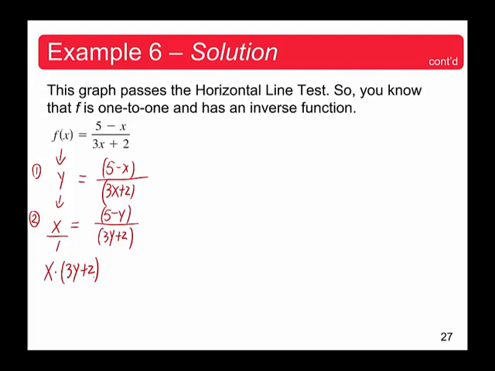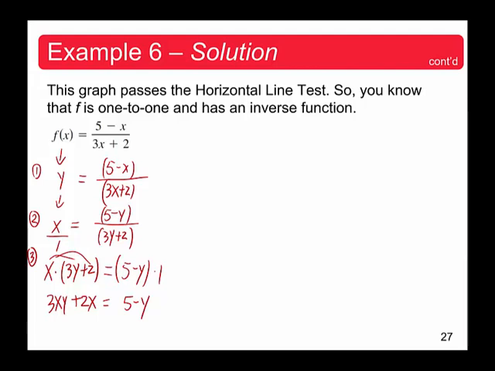So step number 3, we're going to solve for y. Then 5 minus y times 1 goes to the right. Now we distribute, and we get 3xy plus 2x equal to 5 minus y.